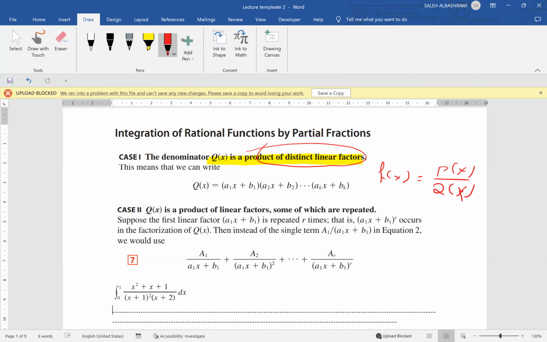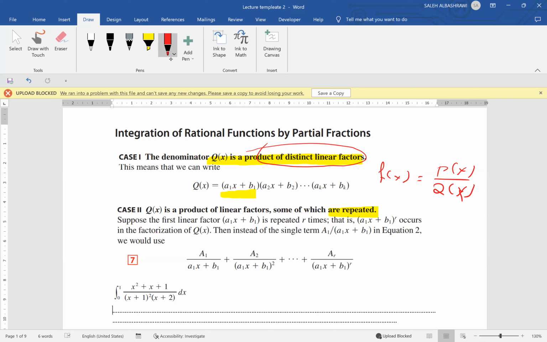In this part, we are going to speak about the second case, where the q of x is a product of linear factors, some of which are repeated. In this case, the fractional function will be written as follows. Suppose the first factor, a1 x plus b1, is repeated.